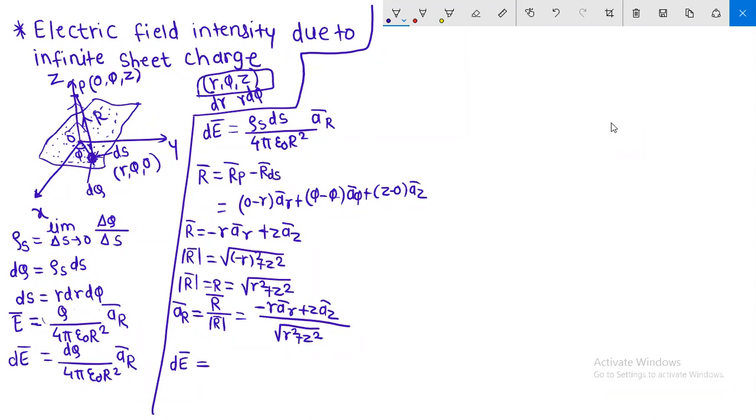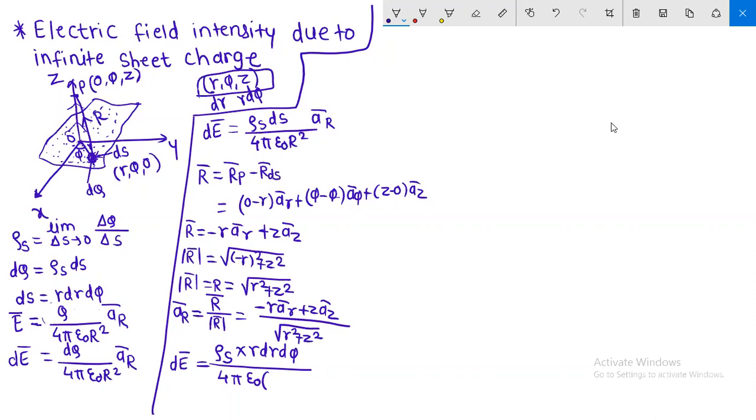Okay. So this dE bar is equal to rho s into ds. Rho s will remain as it is. But what is ds? The differential surface area, that is r dr d phi, divided by 4 pi epsilon 0. Now R is equal to square root of r square plus z square. Can I directly write it as only r square plus z square?